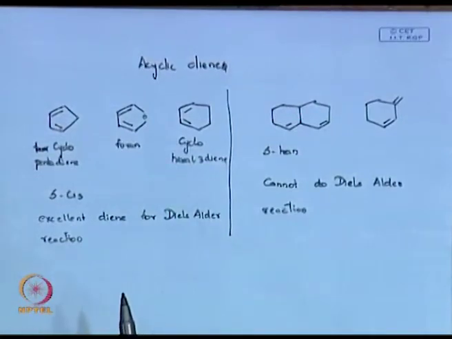So, there are two things you have to keep in mind when you are thinking about your diene. One is that you make the diene electron rich. How do you make a diene electron rich? Any idea? You can just attach a donor substituent to the diene, like methoxy.